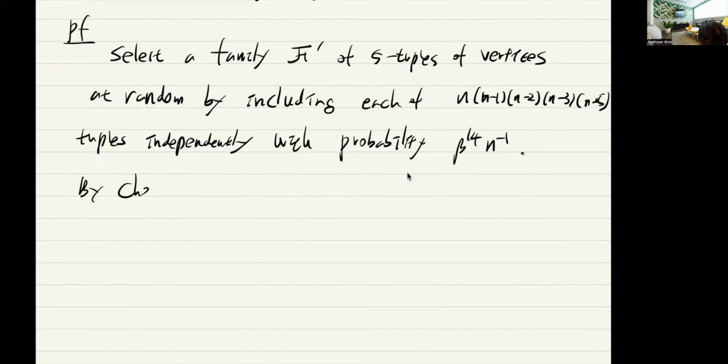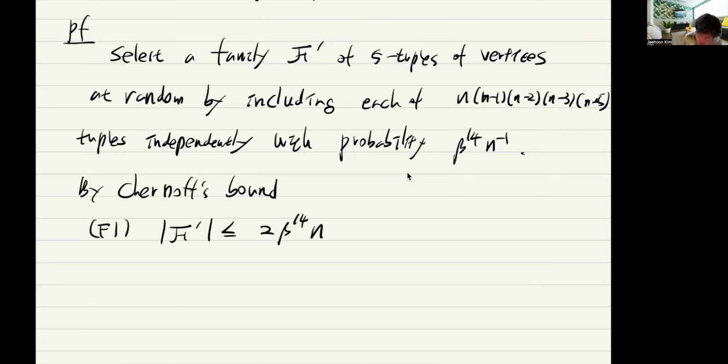Then by Chernoff bound, you can show that the number of 5-tuples chosen is at most 2 times β^14 times n.